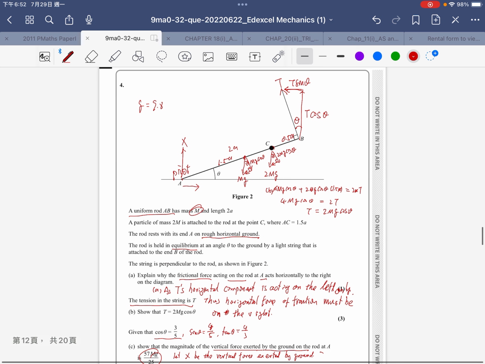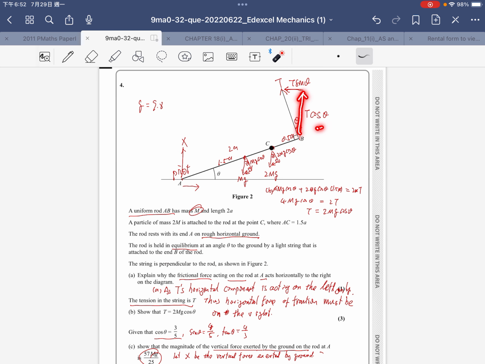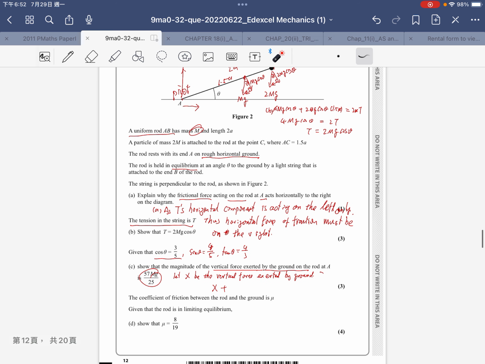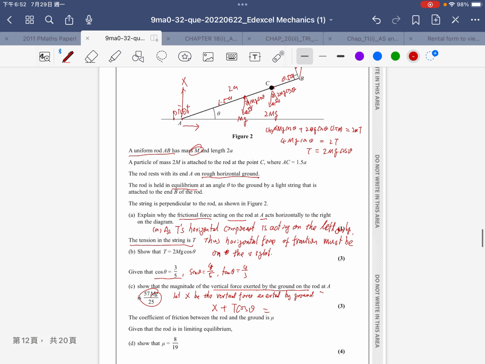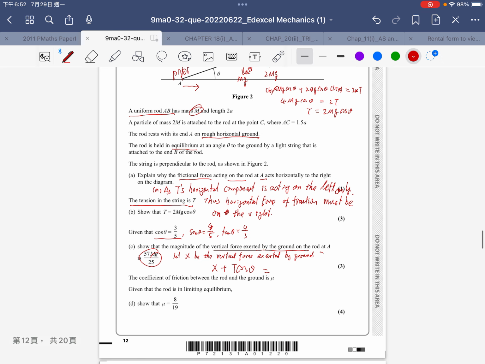Okay, that means X plus this force, T cosine theta, is equal to the downward forces, mg and 2mg.